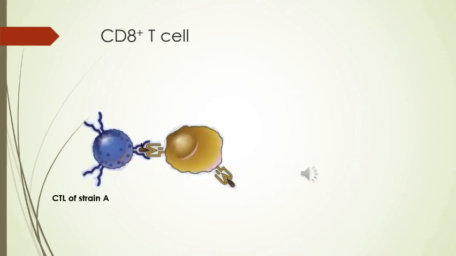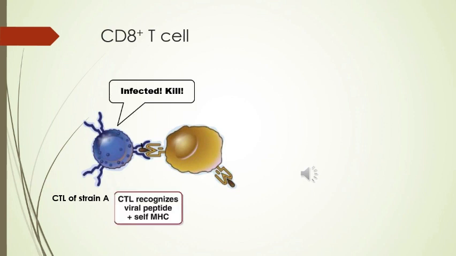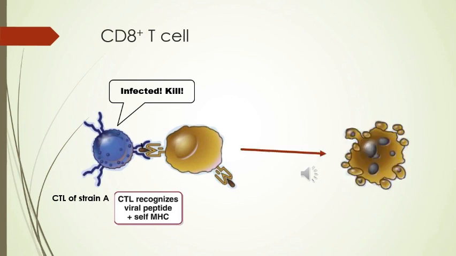After mixing this target cell from strain A and the virus-specific CTL from strain A, the CTL can recognize self-MHC1 and the peptide and kill the target cell.